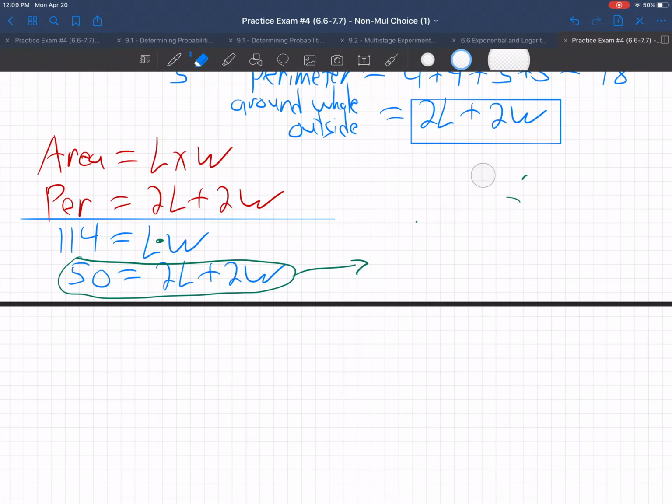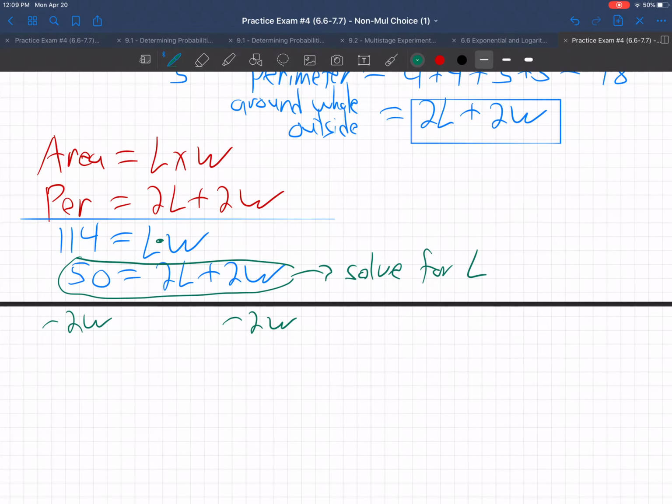So I'm going to start with the other one instead, and I'm going to solve for one of the letters. It doesn't matter which one. Let's just solve for L. Subtract 2W from both sides, right? These cancel. We get 50 minus 2W is 2L.